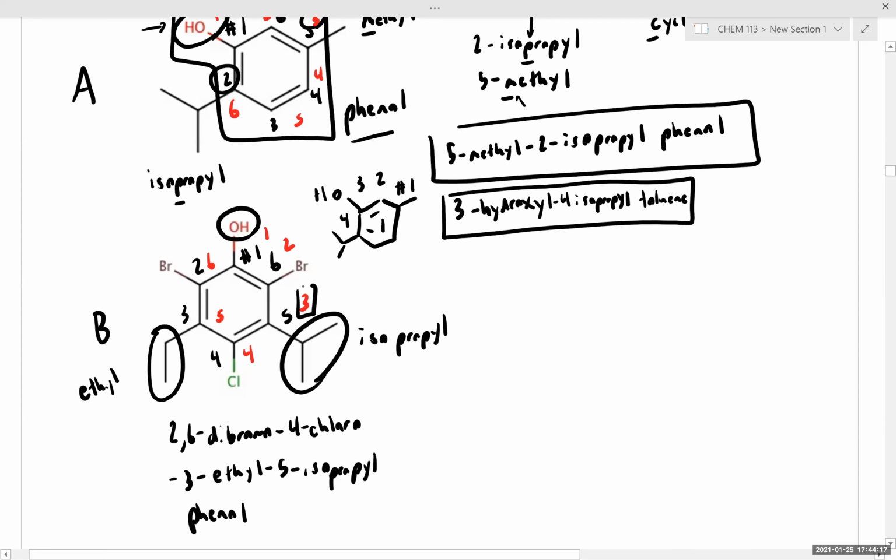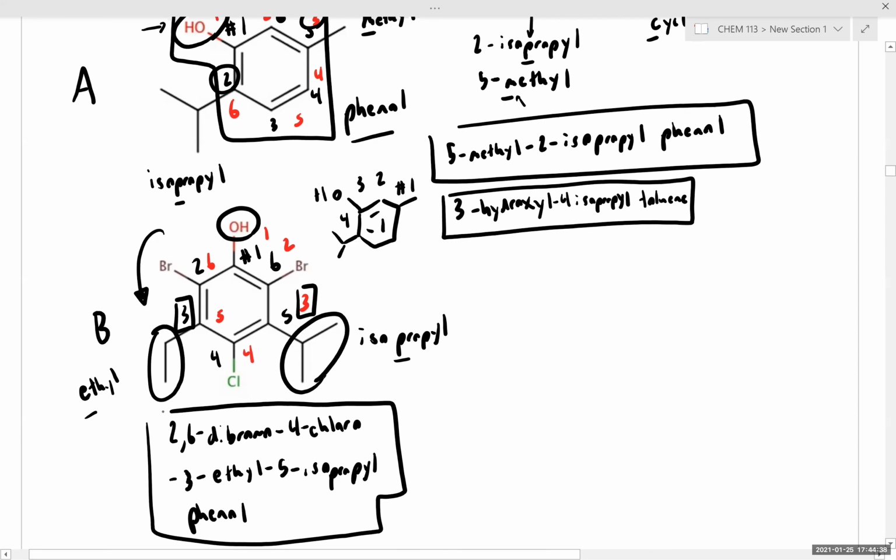Now, both of these substituents can be assigned a priority number of 3. And my question to you is, which substituent is first alphabetically, ethyl or isopropyl? Ethyl, right? So now we're going to count counterclockwise, and that leads to the following name. So let's dissect that.